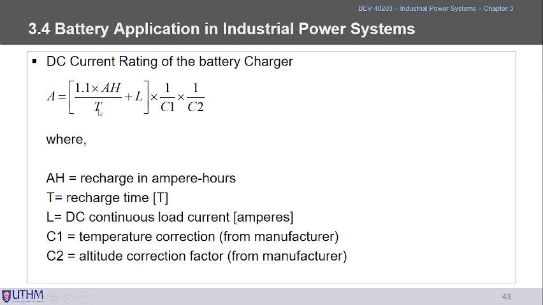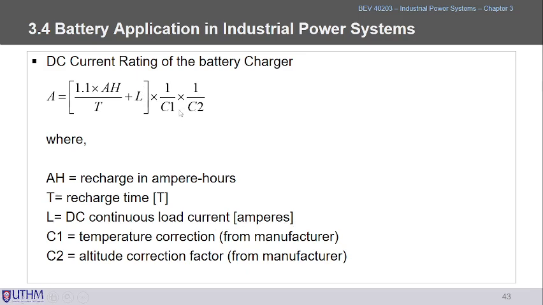Of course, the longer the recharge time, the smaller the current we need to charge the battery, because we take a longer time to charge. And L is the DC continuous load current, defined in ampere. So how much is the continuous load current required by the load?